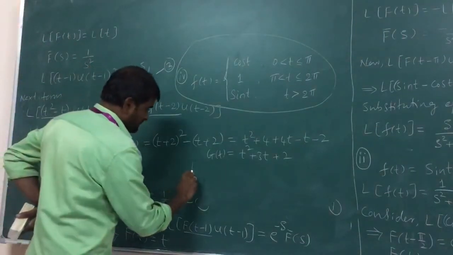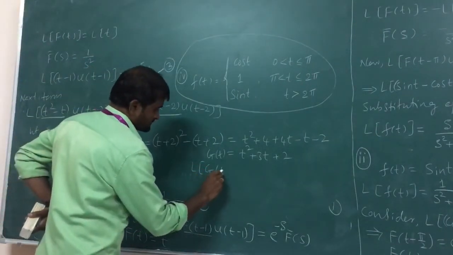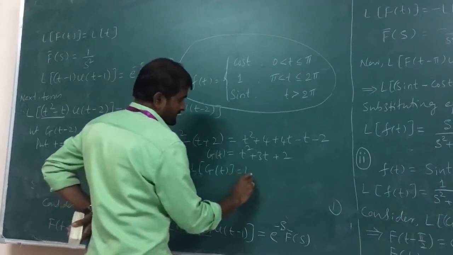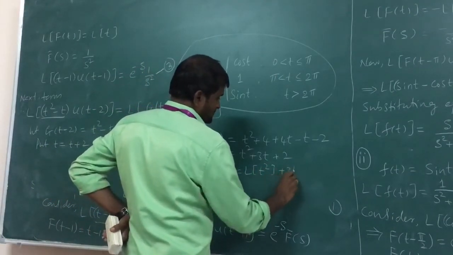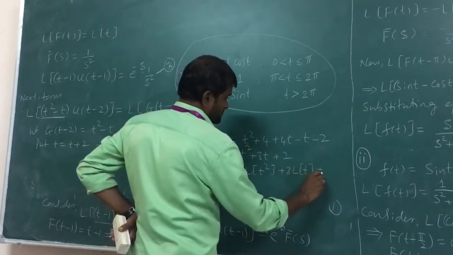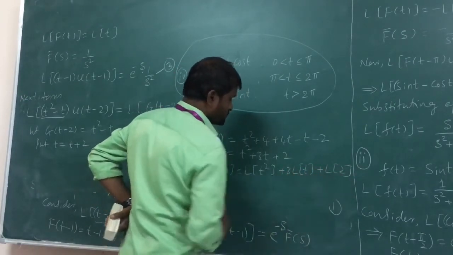Now take the Laplace transform of this: L of t square plus 3 L of t plus L of 2.